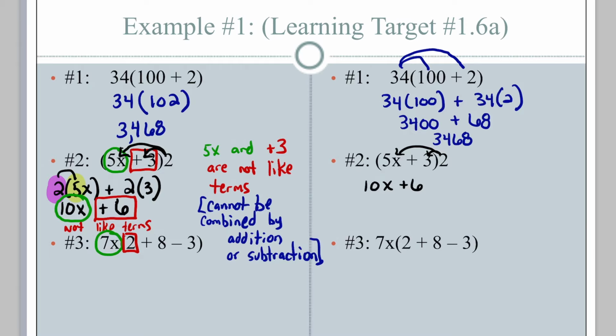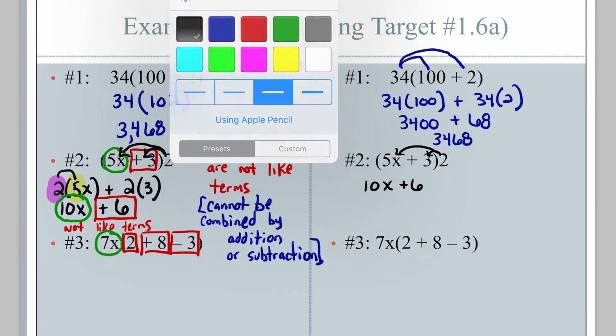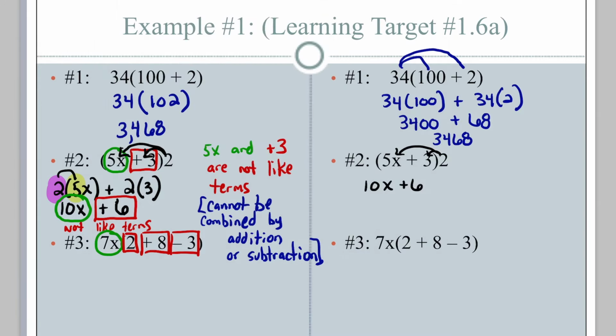Remember, it's an implied plus. A plus 8 and a minus 3. The 2, 8, and 3 are like terms. Therefore, I can combine them inside the parentheses, so I could say 7x, and 2 plus 8 is 10, minus 3 is 7.